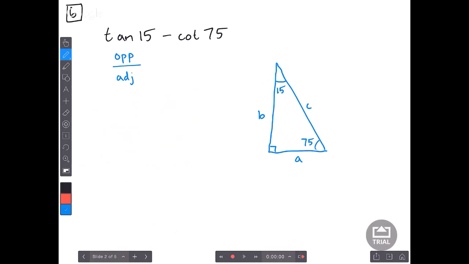So that's going to be opposite A over adjacent B, A over B. Minus cotangent of 75 is the adjacent side over the opposite of 75. So adjacent to 75 is A, and opposite 75 is B. So A over B. And what is A over B minus A over B?